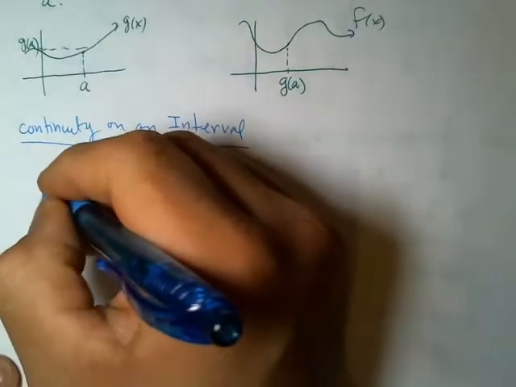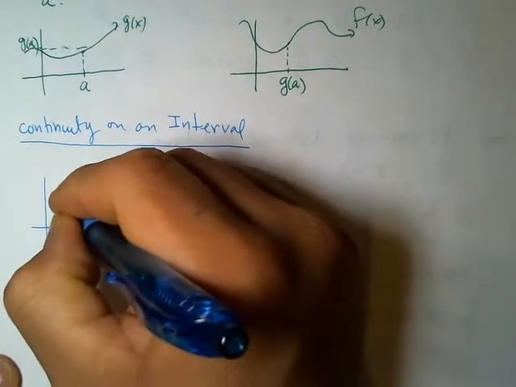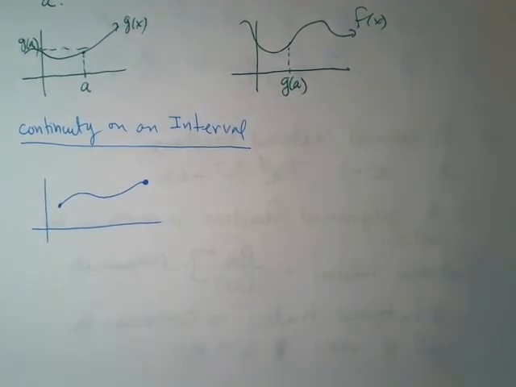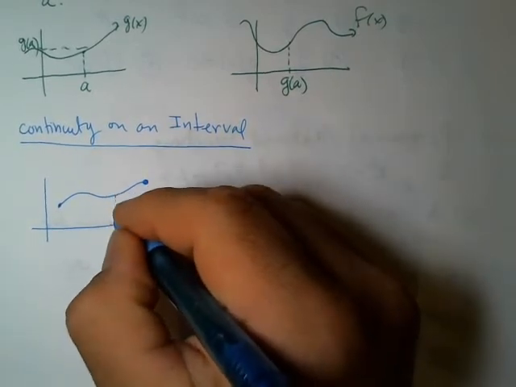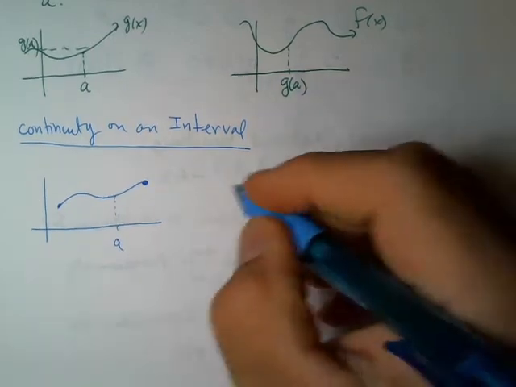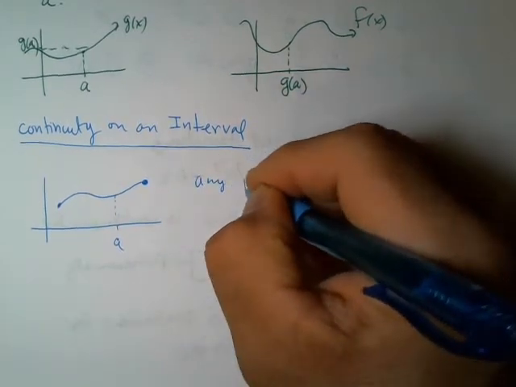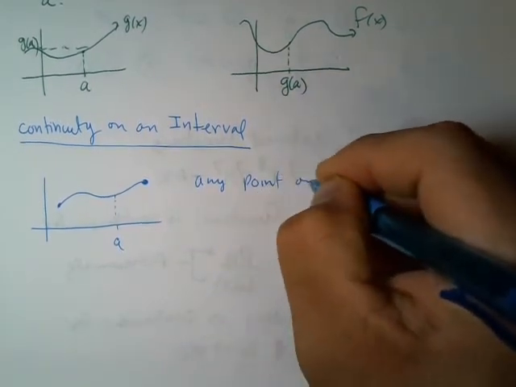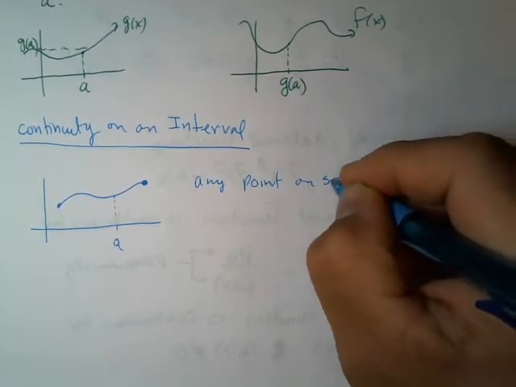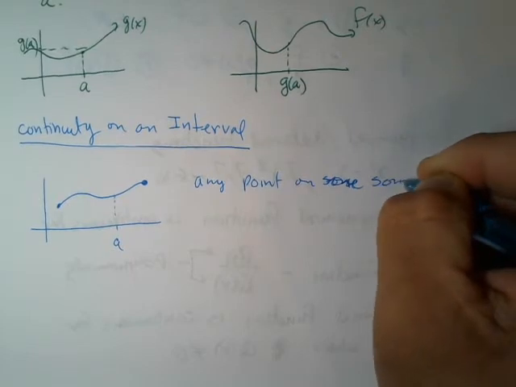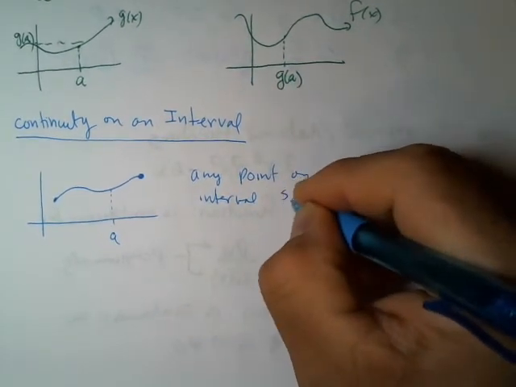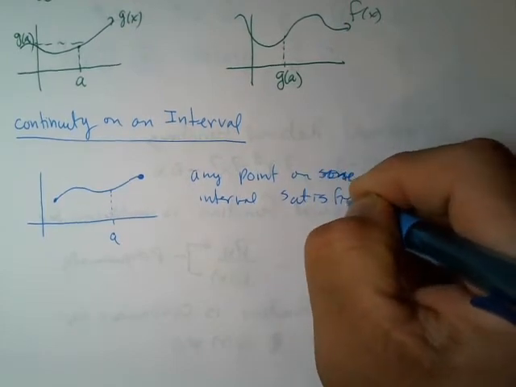Okay, so say we have a function like this, where if we choose any point here in the interval, any point on some interval satisfies the continuity checklist.